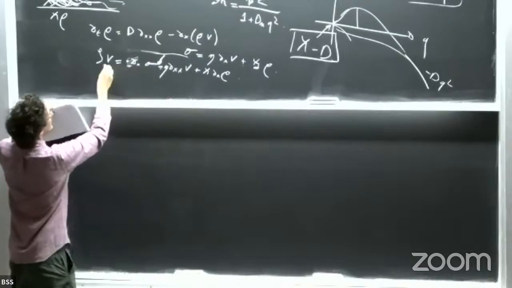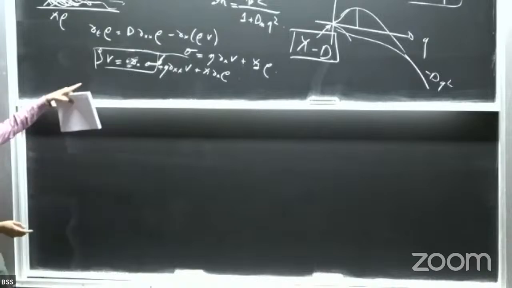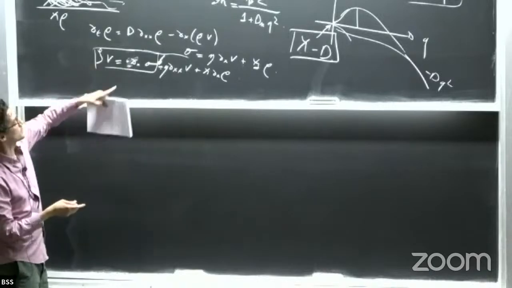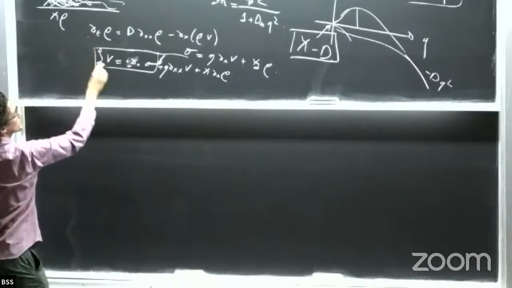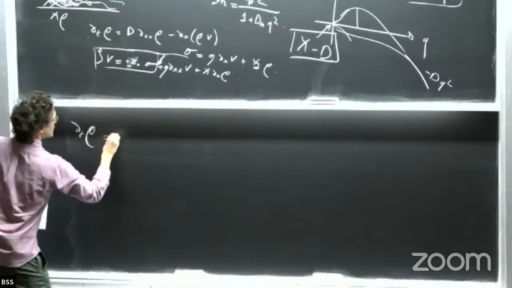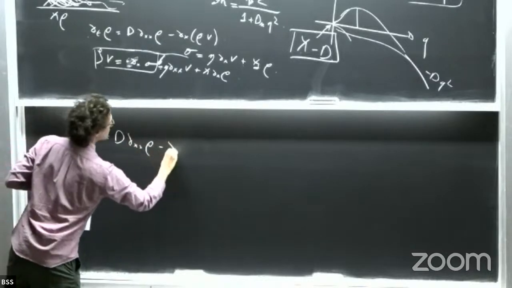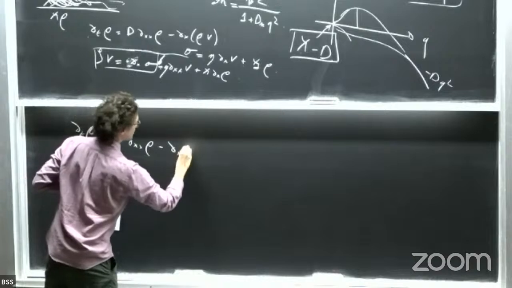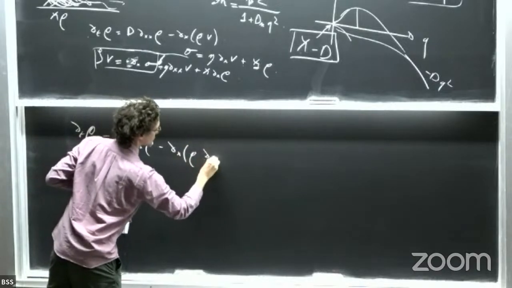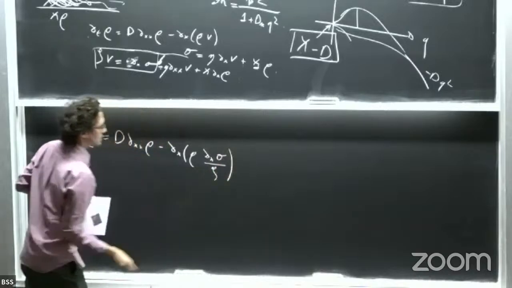But the first thing I can do is recognize that in my active gel under friction, I have a linear relationship between V and my gradient of stress. If I rewrite this equation by replacing V, I end up with dxx of rho equals my dx rho dx of sigma, dx of sigma over zeta, right?